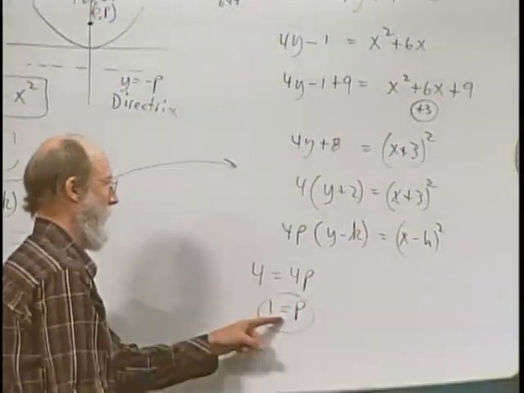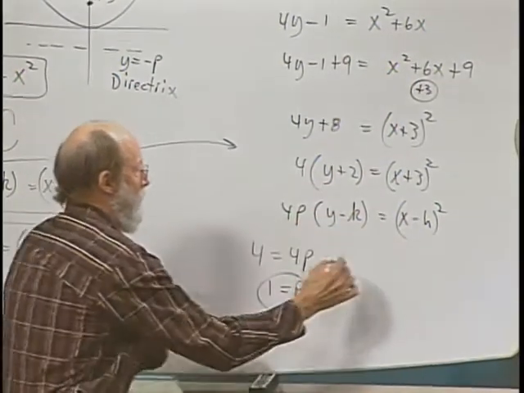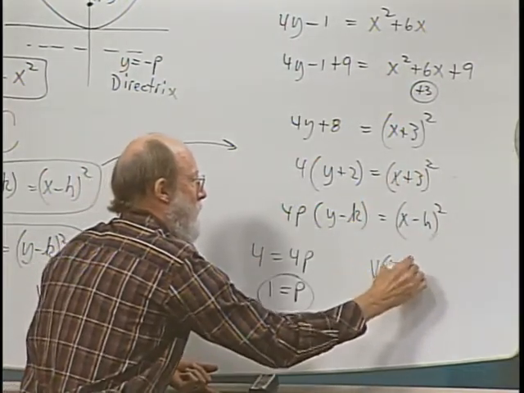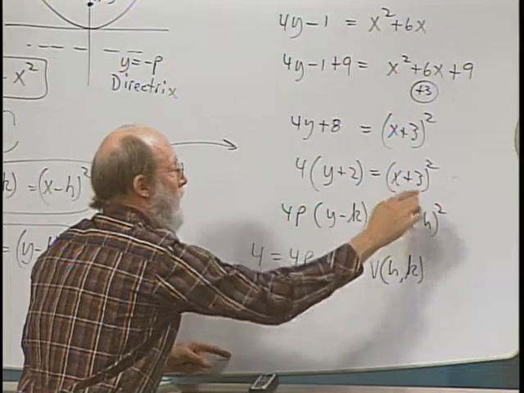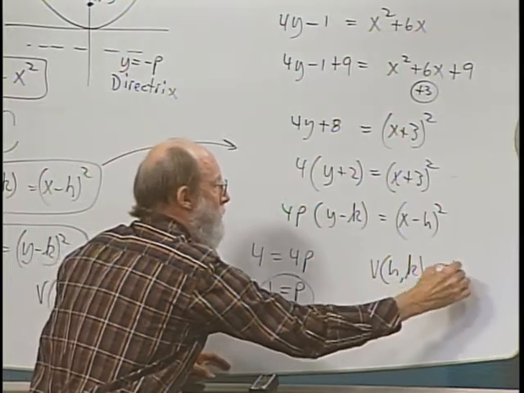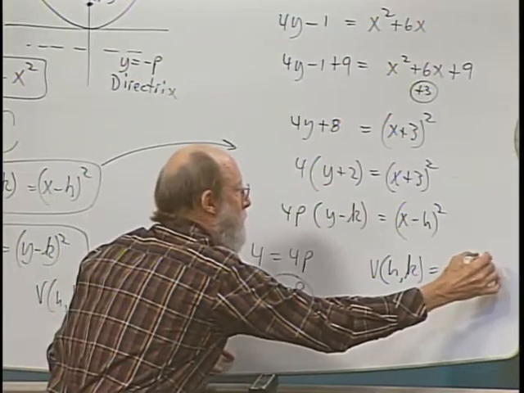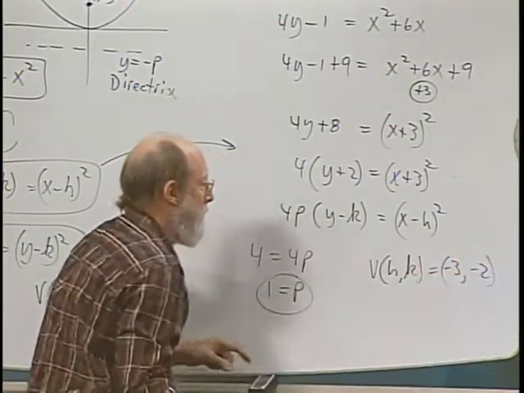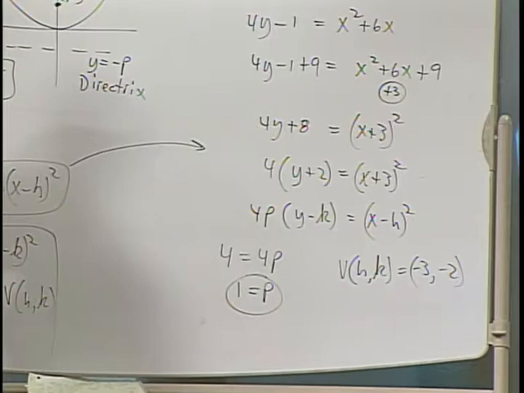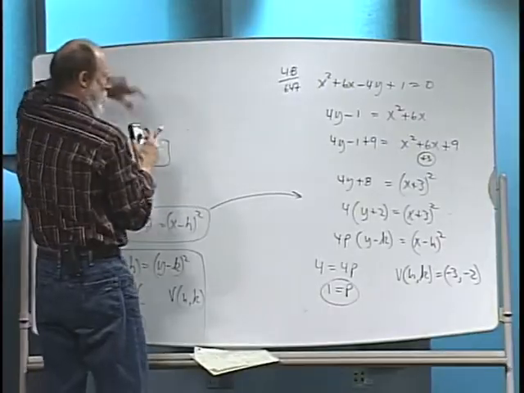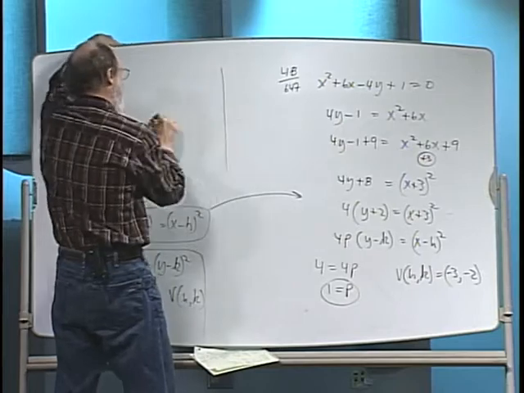That's important. The vertex, you can observe, has an h value located at -3 and a k value located at -2. So right up here, let me erase this, and let's tuck in the sketch of this.